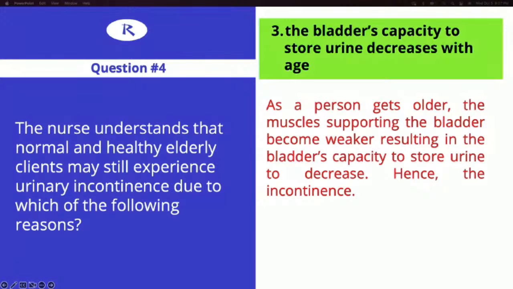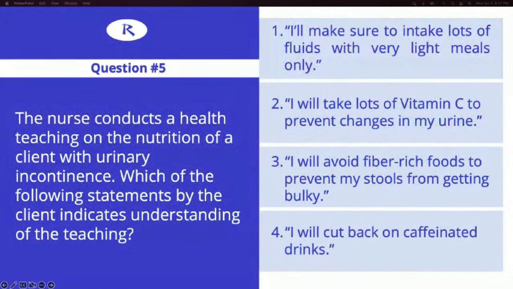Okay. Final question, and then we'll go into the VT and study some more tonight together. Question number 5 is this. The nurse conducts a health teaching on the nutrition of a client with urinary incontinence. Which of the following statements by the client indicates an understanding of the teaching?